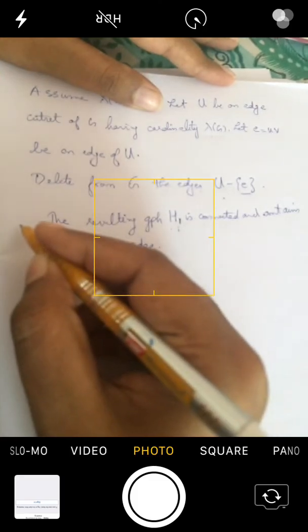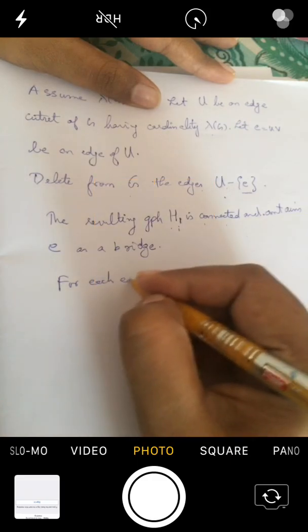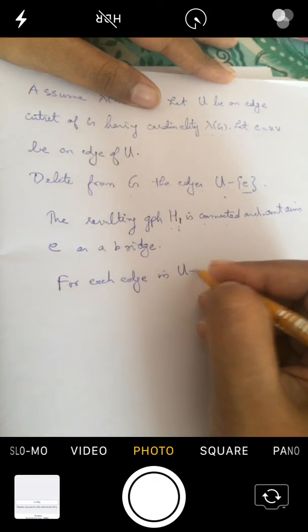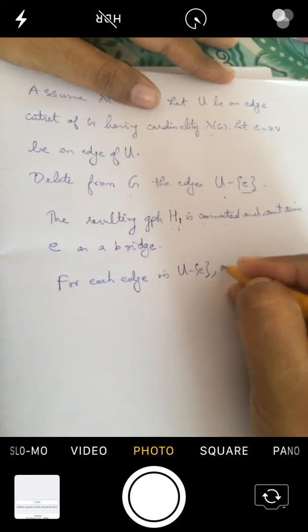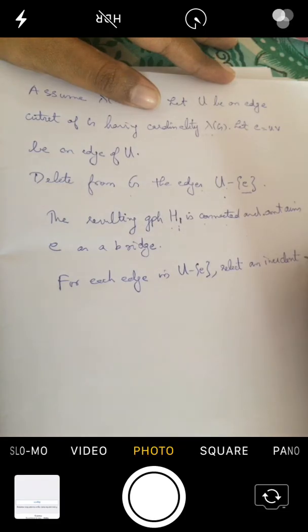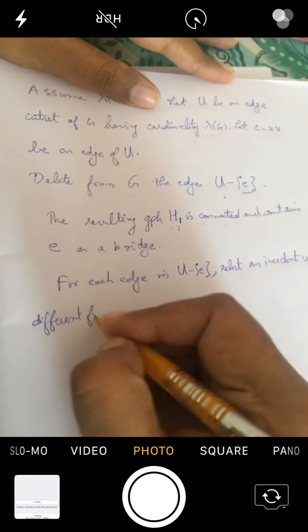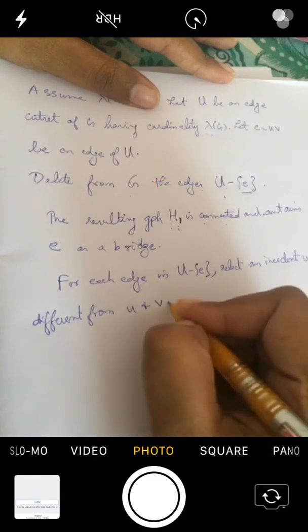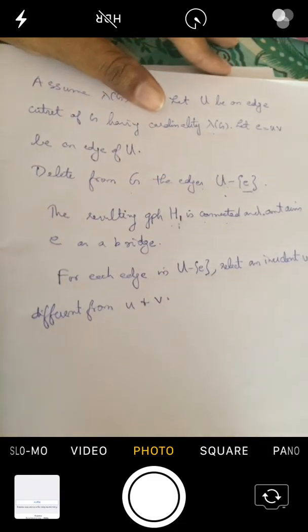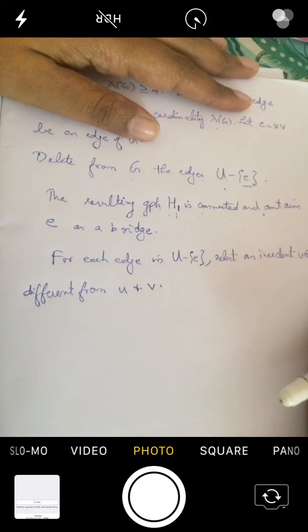Now, for each edge in U minus E, select an incident vertex different from U and V. What have you done here?